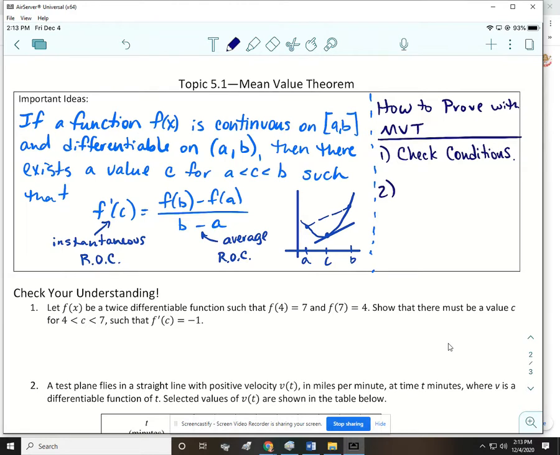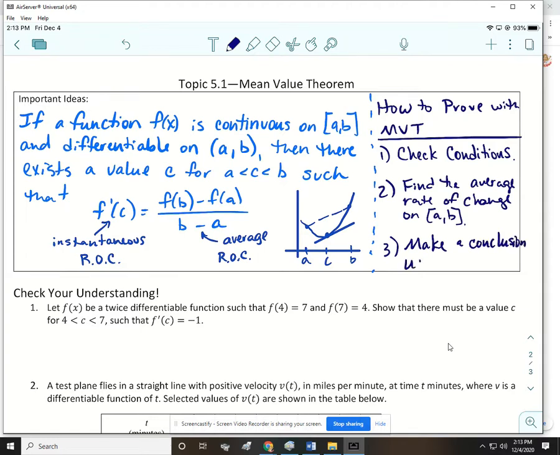Second thing, we need to find the average rate of change on the interval that you're given. And then we will make a conclusion using the mean value theorem.